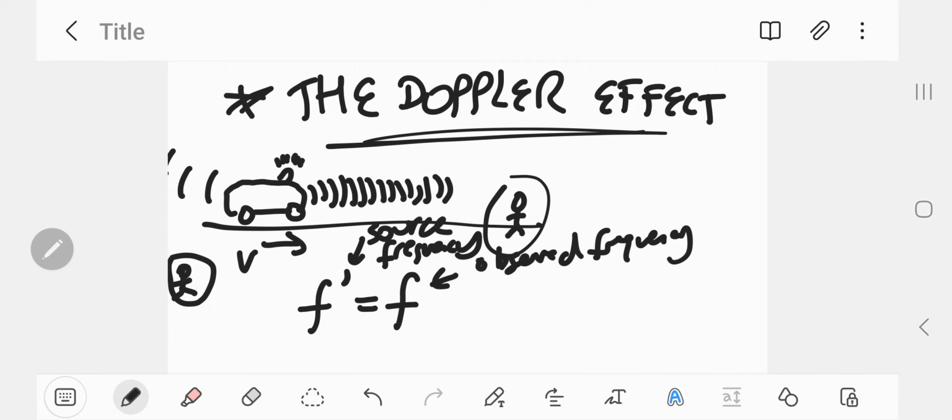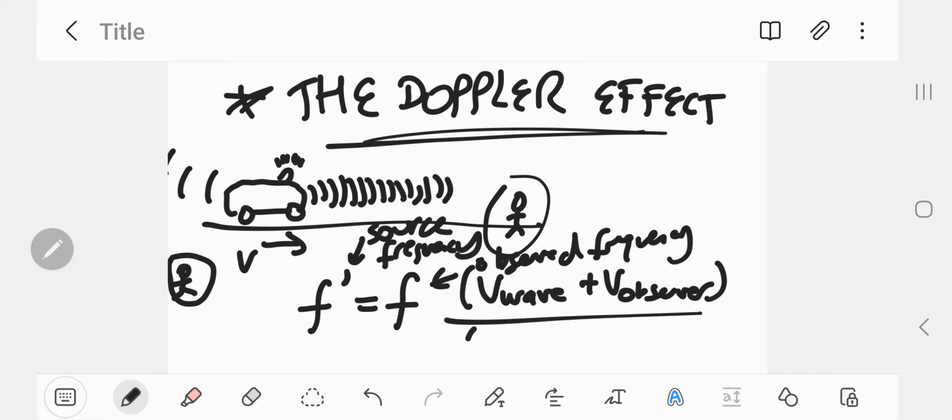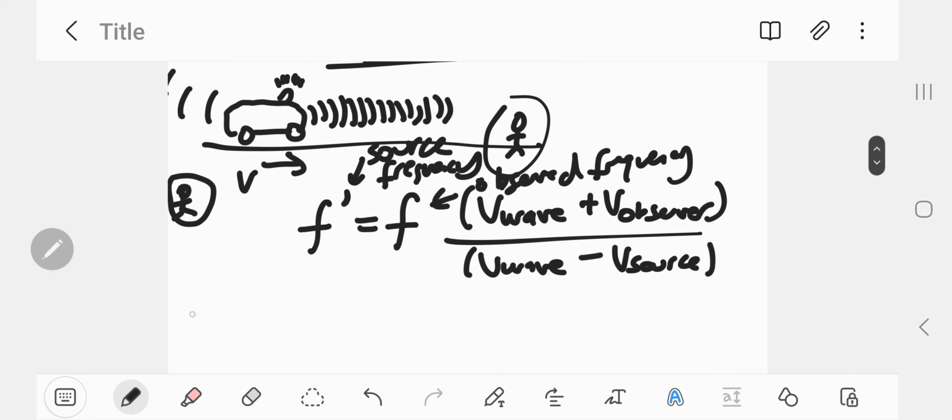And we can express these two frequencies in terms of the velocity of the sound wave plus the velocity of the observer, divided by the velocity of the sound wave minus the velocity of the source. So V sub wave is the velocity of the sound wave in this case.